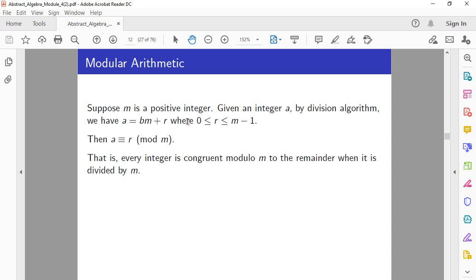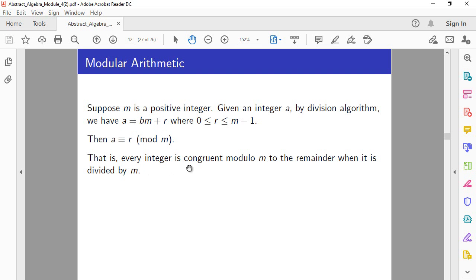So what we have is that, fixing an m, any given integer a is congruent to r mod m, where r is the remainder obtained when a is divided by m.